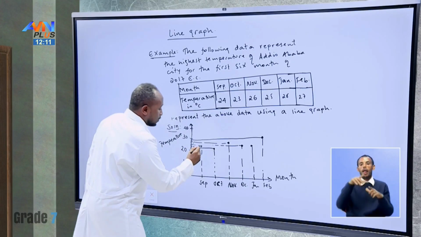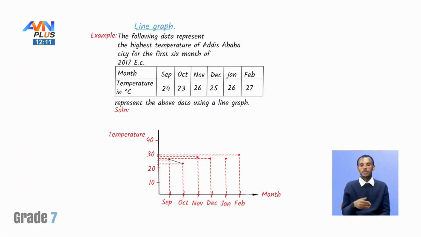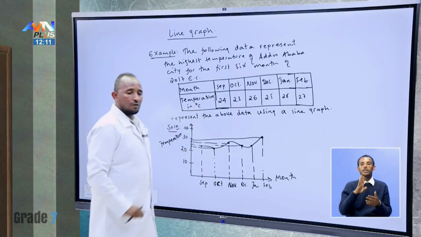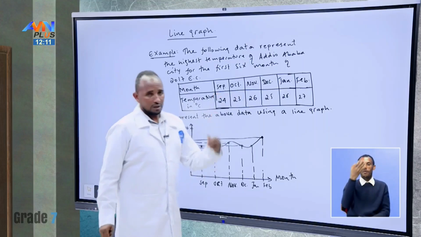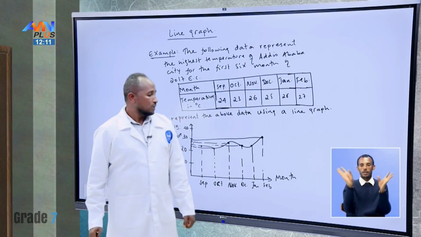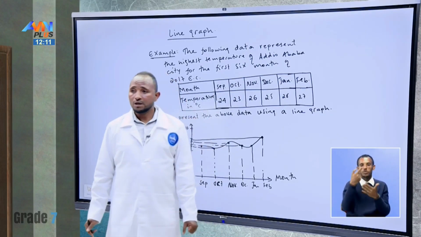So connecting this point, this one, and then this, and then this. So this will be the line graph of this given data set. Next to this, we'll see another example.